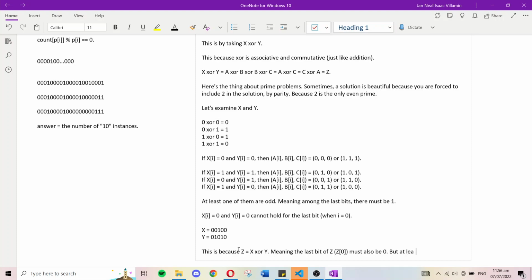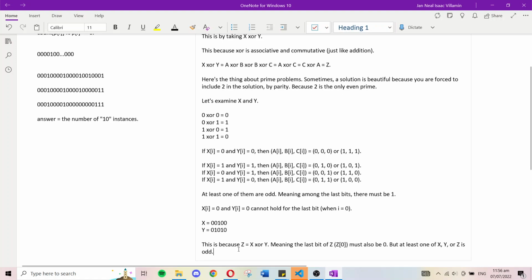But at least one of x, y, or z is odd. So this is rejected. So we reject this case.